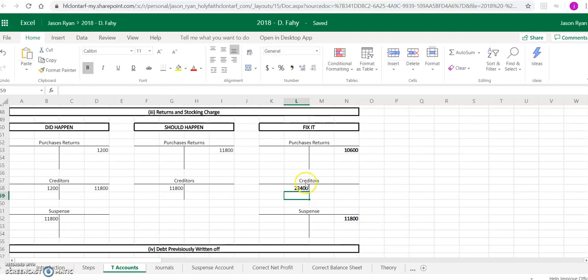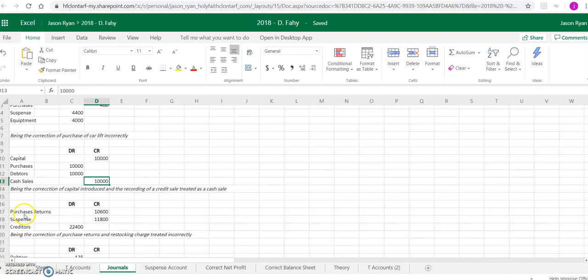So we need to put on our creditors on the credit side 22,100. Your journal then will look something like this: purchase returns credit 10,600, suspense credit 11,800, and creditors then for 22,100. So that means your debits and your credits equal, and your narration then being the correction of purchase return and restocking charge treated incorrectly.